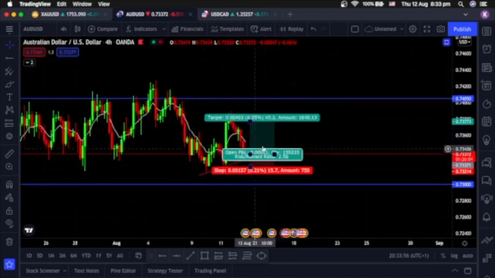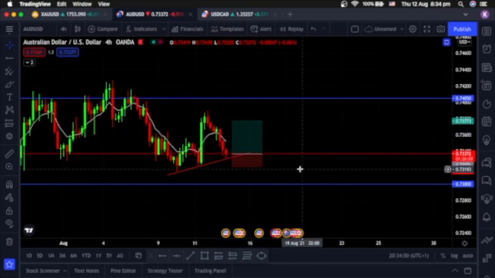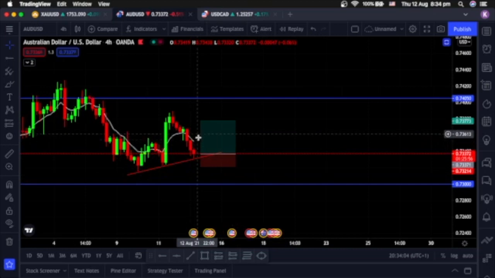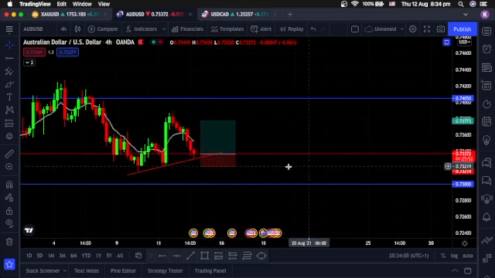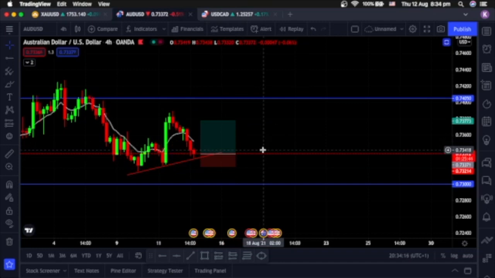I haven't got into a trade yet, but I'm anticipating that the market is gonna go up and hit my take profit there. I just leave it there to come back to it tomorrow, and then see if I was correct, if my analysis was right.